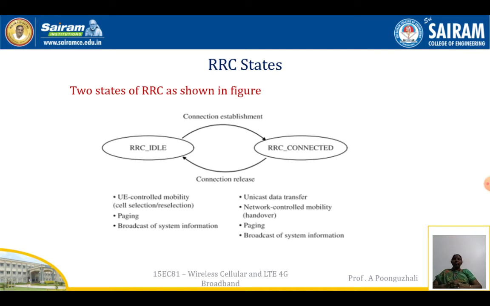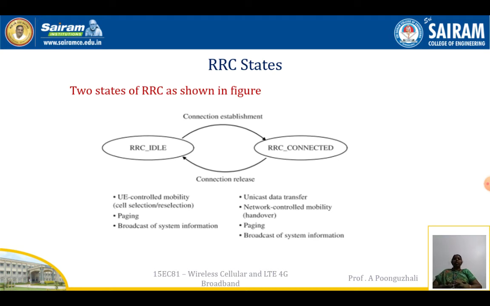And we are going to have the paging information, that is the information about the incoming calls, and it is going to broadcast the system information. When the RRC state is idle, it is going to do the cell selection or reselection process and the paging process to know the details of the incoming calls, and it is going to broadcast the system information.